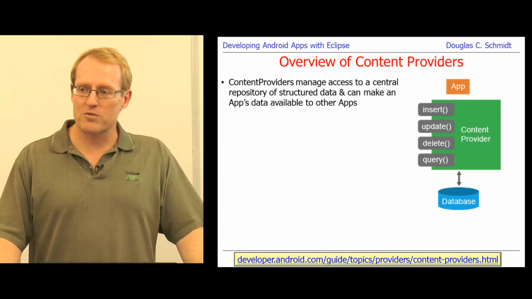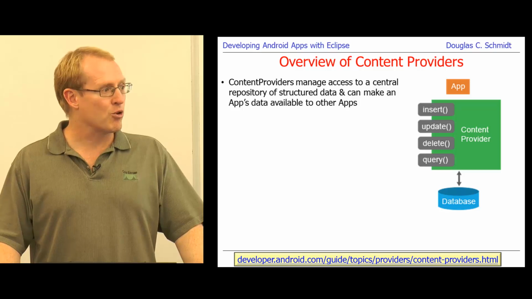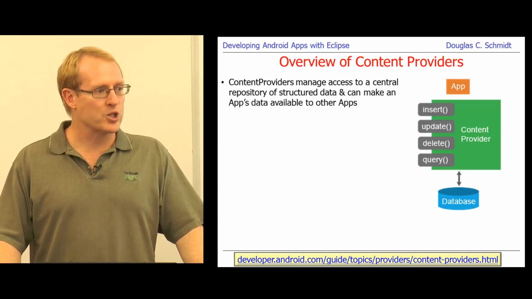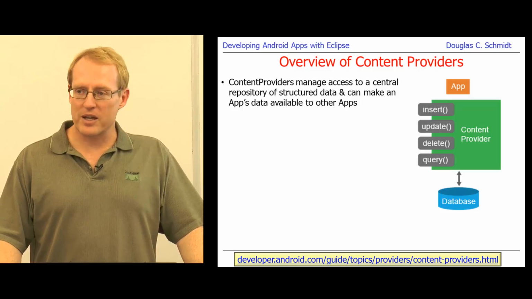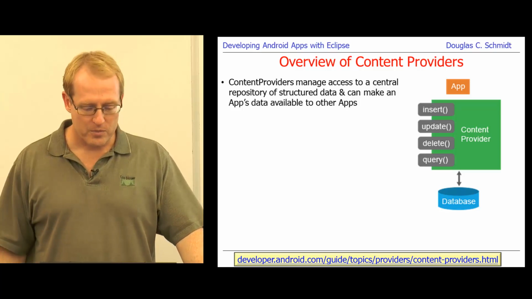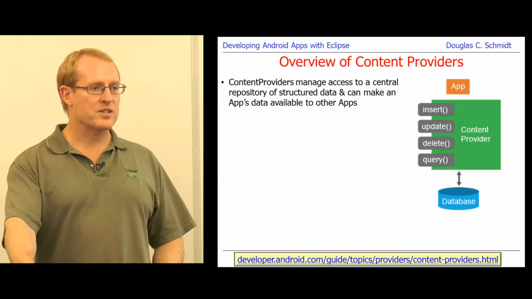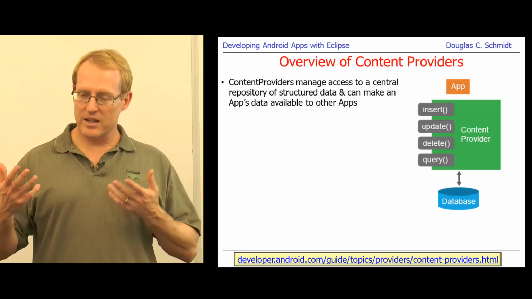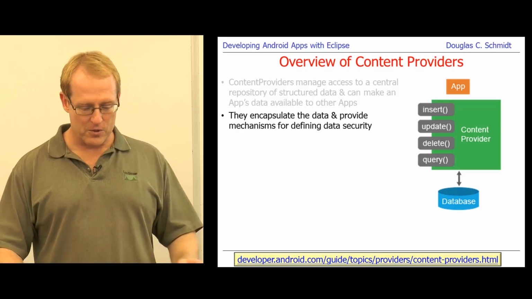SQLite works for applications that need access to private data. What content providers do is make it possible to share that data among other applications and access it in other ways, and also across address space boundaries. So they give us a way to manage access to a central repository of structured data and make that accessible to other things on the phone.